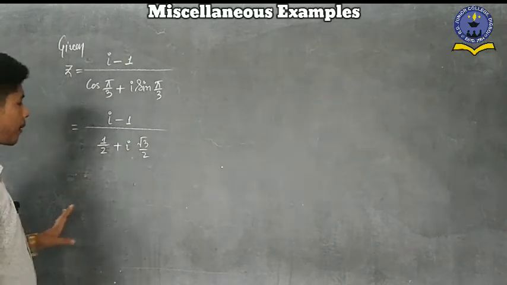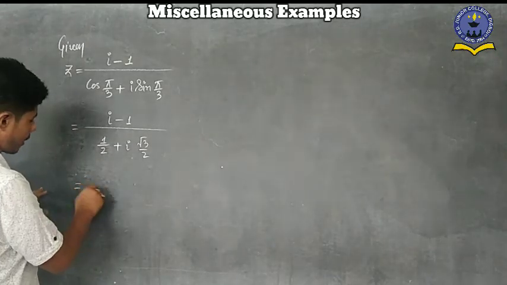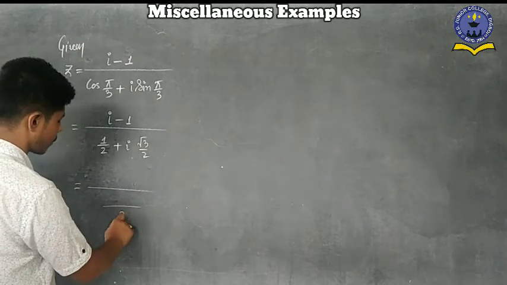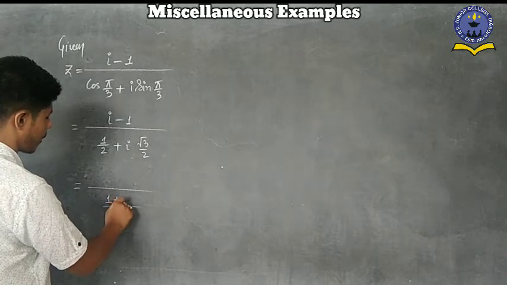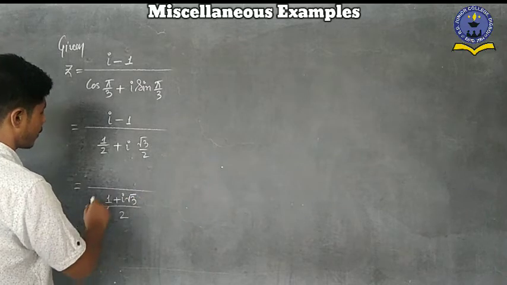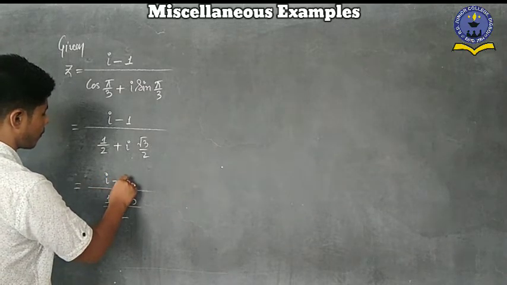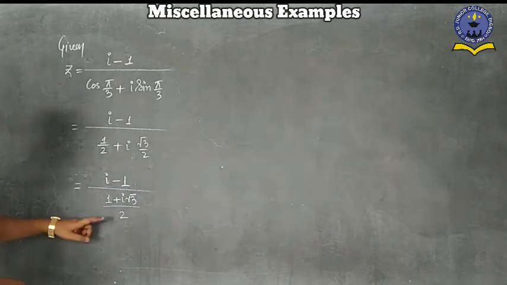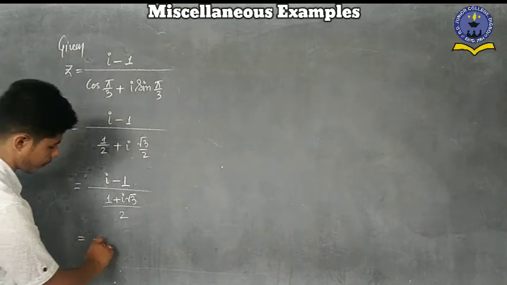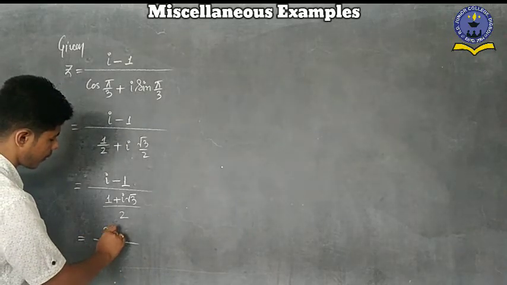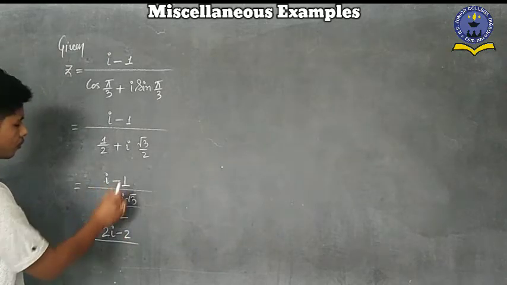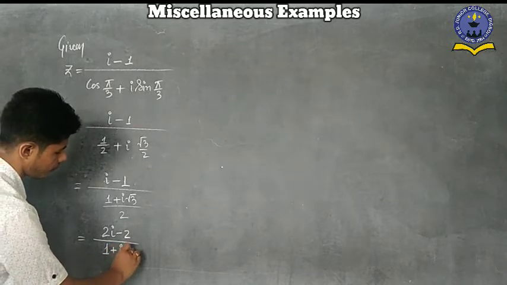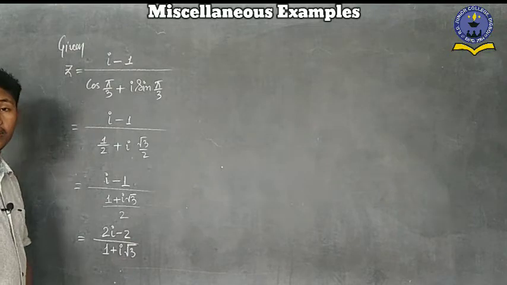After writing this, next, if we take the LCM, we get 2, and in the denominator we get 1 plus i root 3, and in the numerator we get i minus 1. Now the 2 goes up, so we simply get twice i minus 2 in the numerator, and in the denominator 1 plus i root 3.